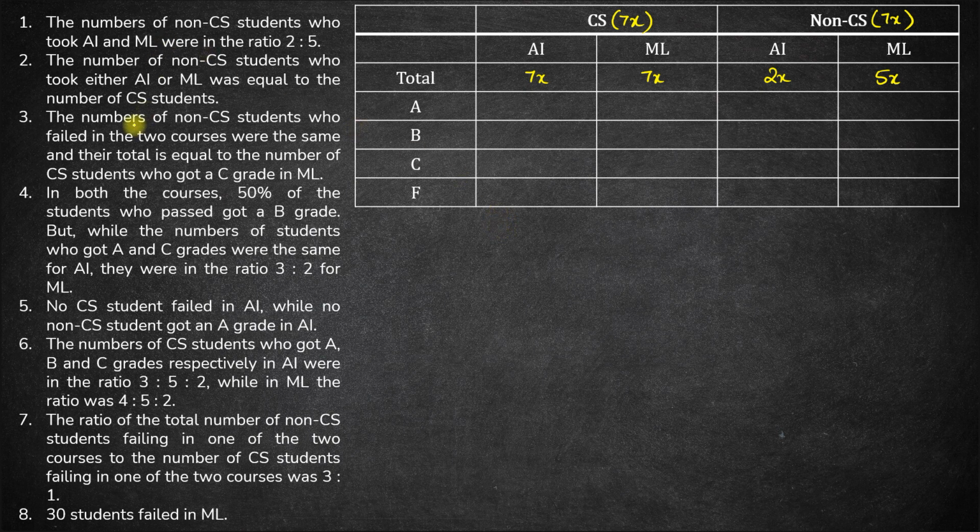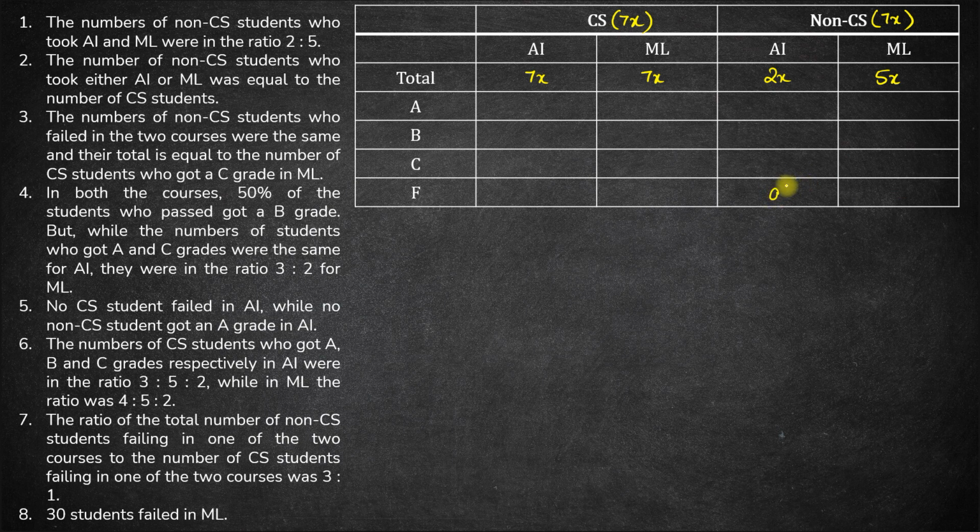Next point. The number of non-CS students who failed in the two courses were the same and their total is equal to number of CS students who got a C grade in ML. Non-CS students who failed in the two courses, this course and this course, is the same.